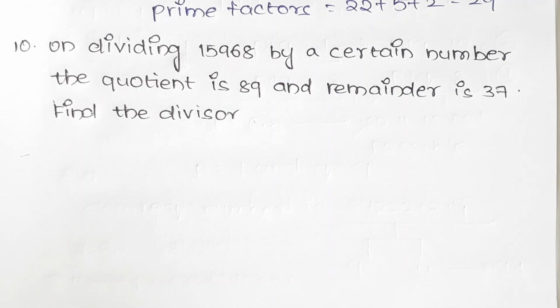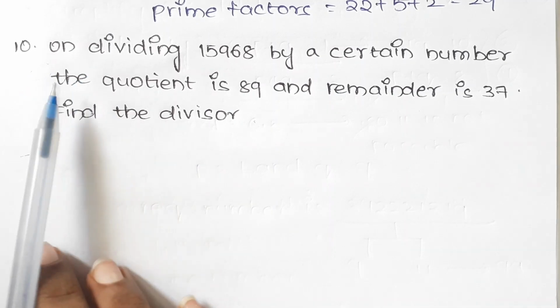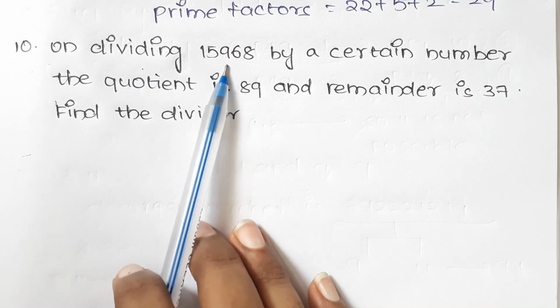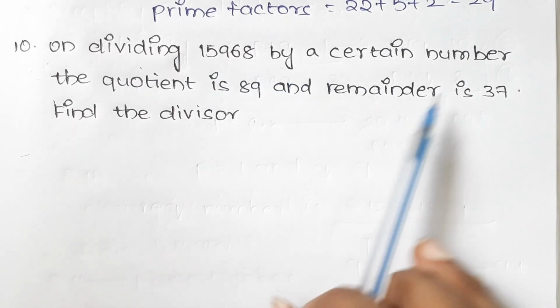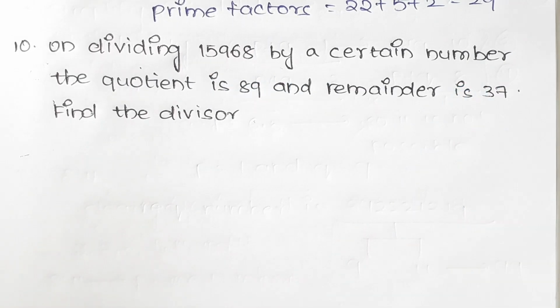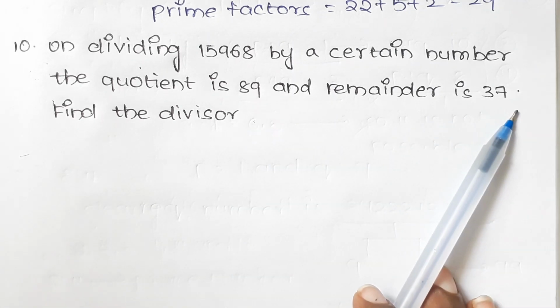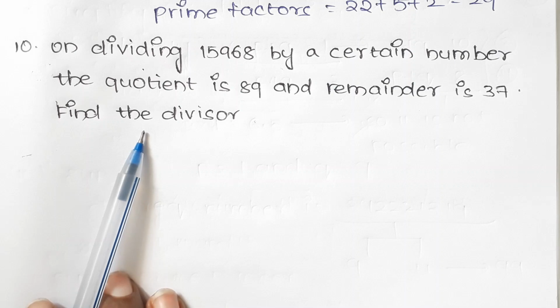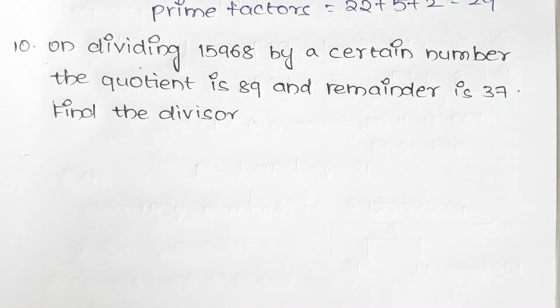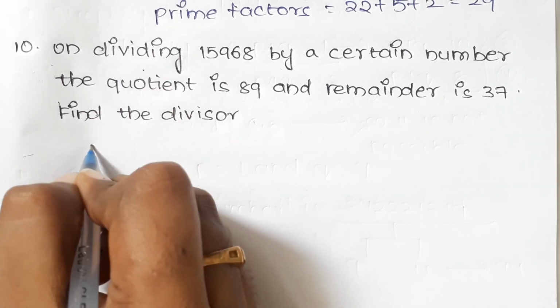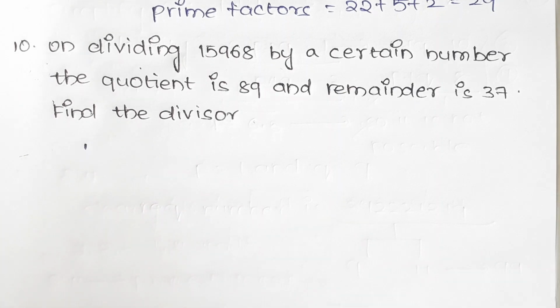Let us see another one, that is division model. On dividing 15,968 by a certain number, the quotient will be 89 and the remainder is 37, and we should find the divisor. We know the formula to find the divisor: in division we have dividend, divisor, quotient and remainder.